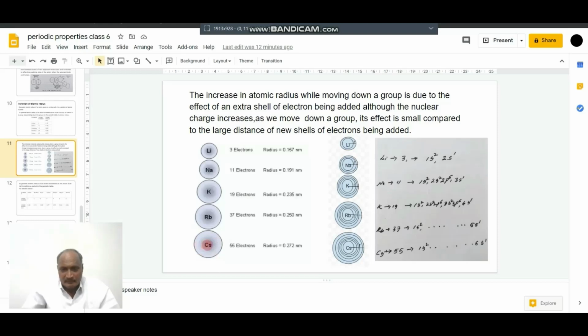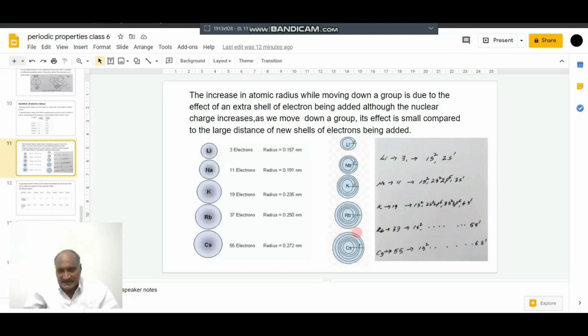So, coming to the next example, that is cesium. As the atomic number of cesium is 55, its configuration is 1s2, 2s2, 2p6, and likewise 6s1. Here, in case of cesium, the valence electron is entering into the 6th shell as 6s1. Here again, one more extra shell of electrons is being added.